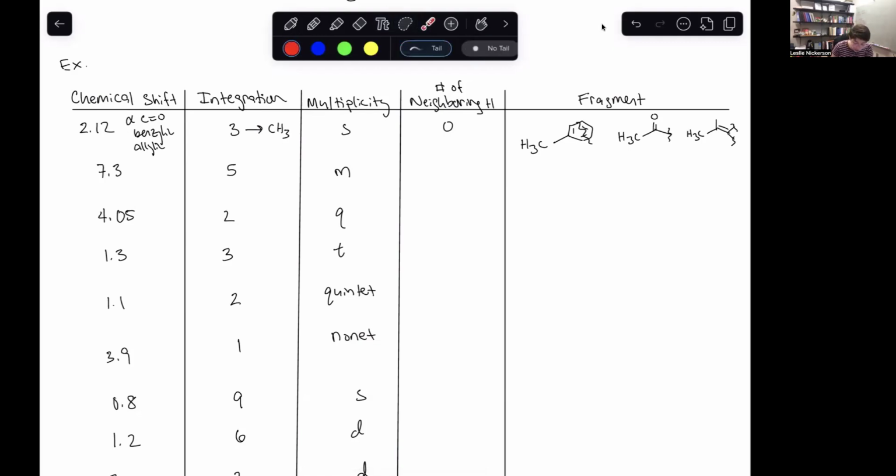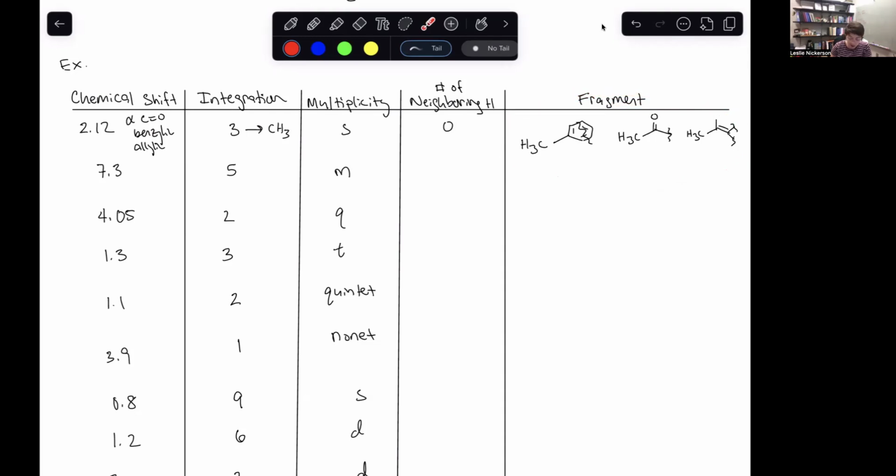Okay. So when you're drawing your fragments, I'm obviously going a lot broader here because I don't have any other context. But when you are doing this on an NMR, you will have the context of things like the IR and the carbon NMR, probably the molecular formula. All of those are going to help give you a little bit of context to narrow this down.